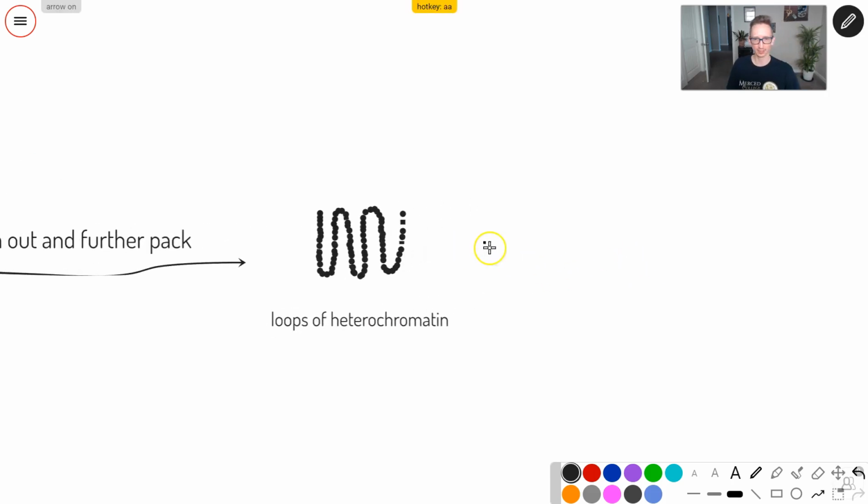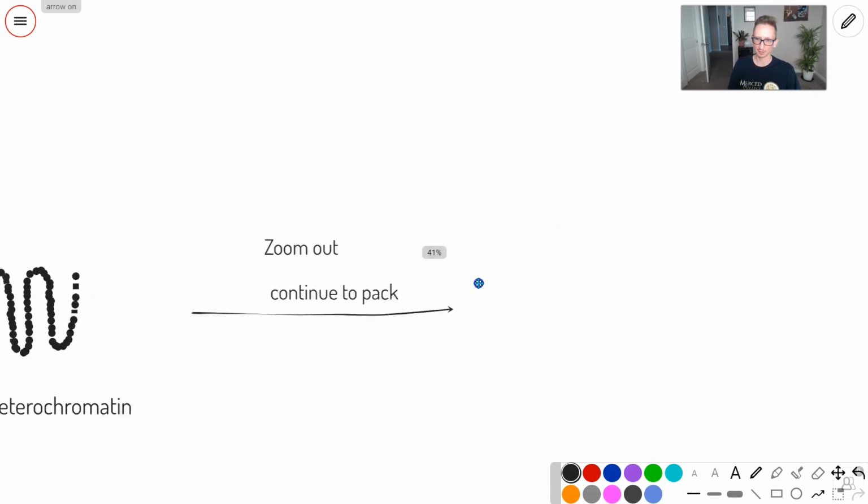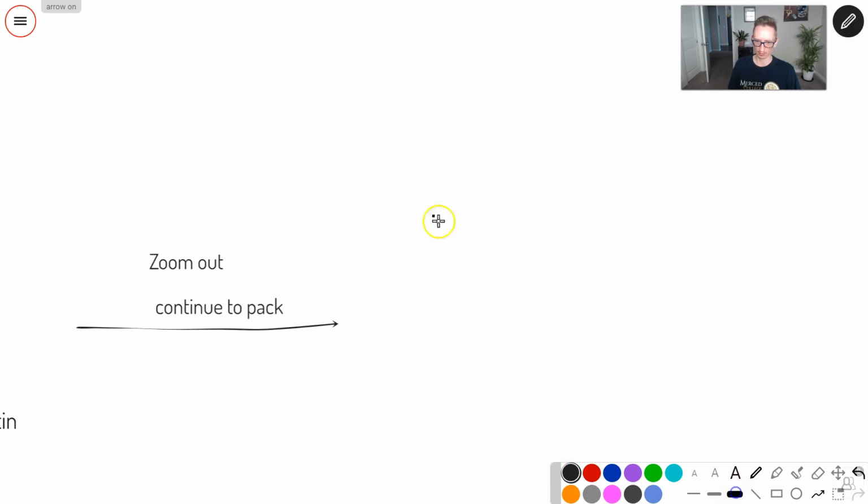We continue this kind of idea even further. Continue to pack and continue to pack, and we also zoom out. And we get something that looks like this. So these are those loops. And it's even more looped than this. Obviously it's three-dimensional.